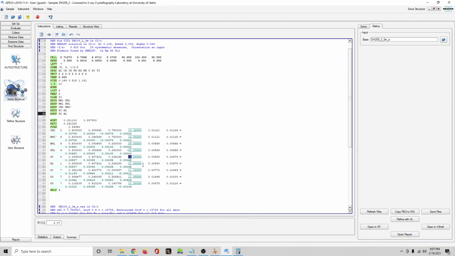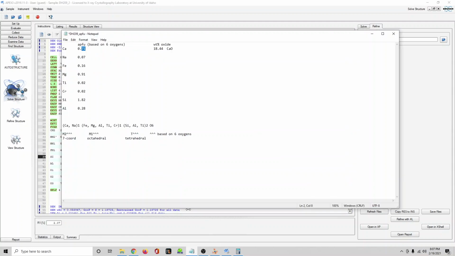And this one, in this case, is out of 1 because there's no mirror plane or whatever that's residing across this atom. It'll just be whatever the fraction is. So if we open up this, we see that Si is 1.8 atoms per formula unit out of 2, because the tetrahedral site has 2 atoms in the formula.